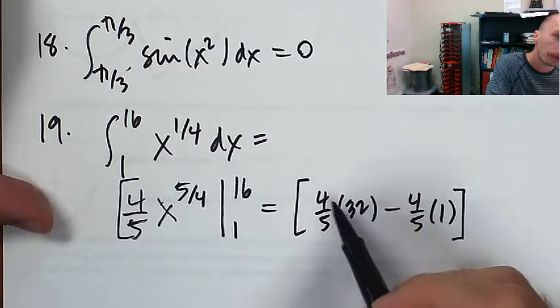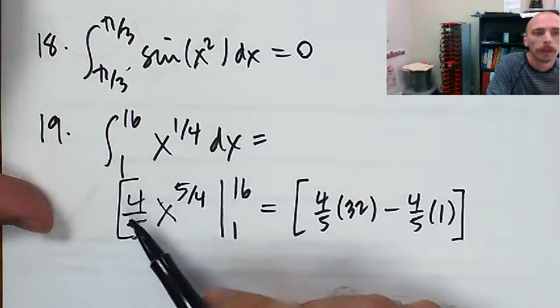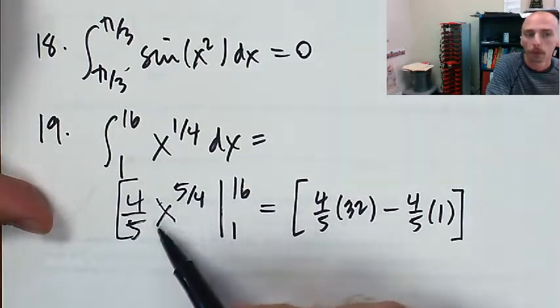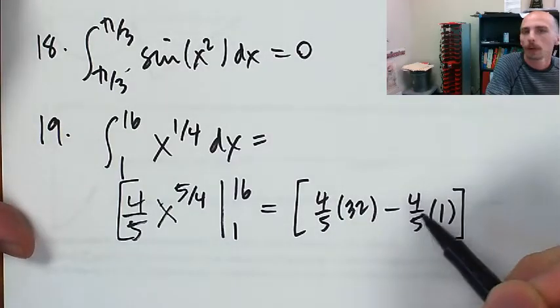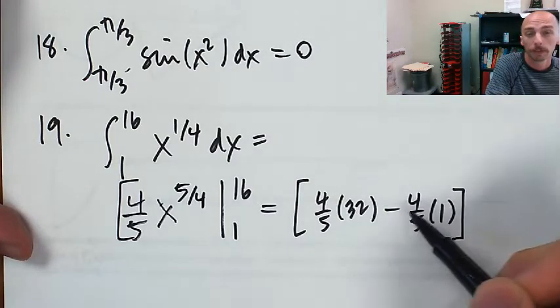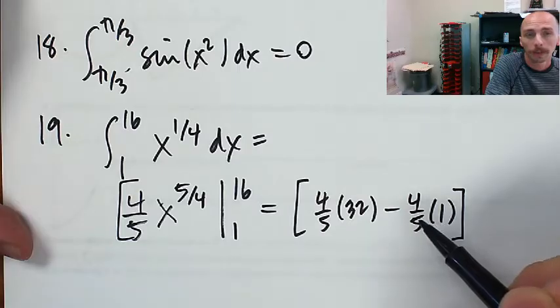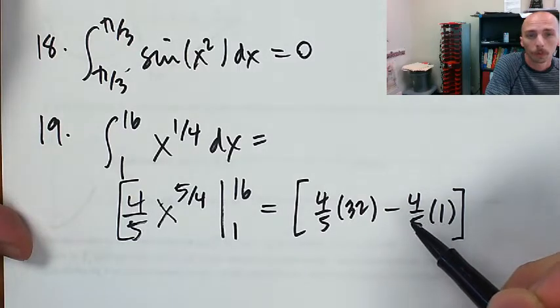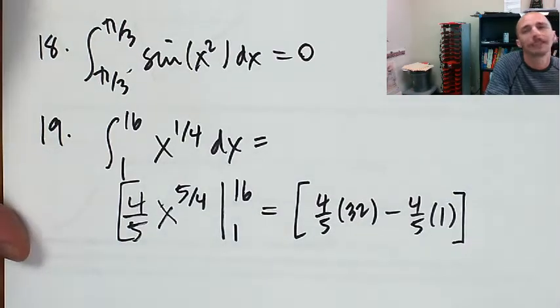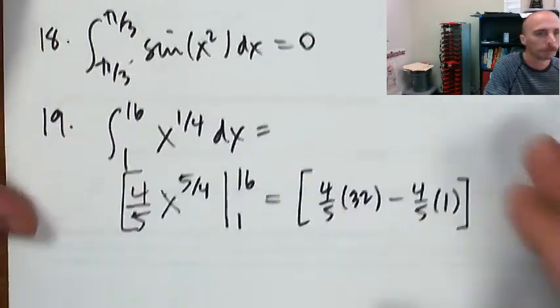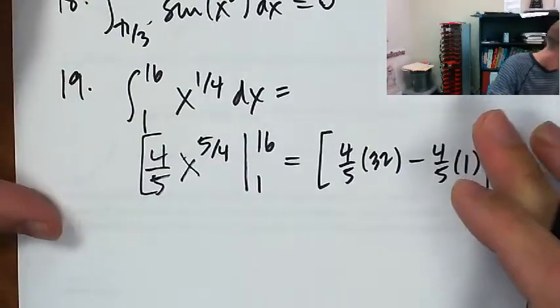Then take 2 to the 5th power, and that's where I got 32. Minus 4/5 of 1 to the 5/4, and any power of 1 is 1. Okay, 4/5 of 32 minus 4/5 of 1, I could factor out the 4/5 and call that 4/5 of 31, which is 124 divided by 5. It's not worth going further, so just stop here. That's plenty far.